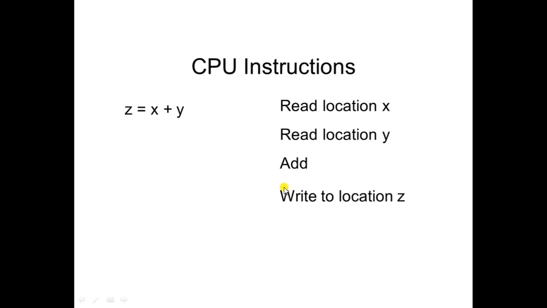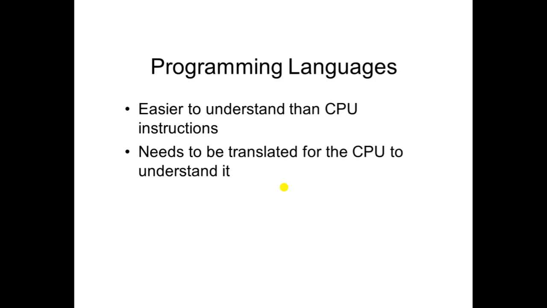But it's not easy to write your whole solution to a problem in the form of CPU instructions. It's quite difficult, lengthy and complicated. That's why we move on to programming languages, right?